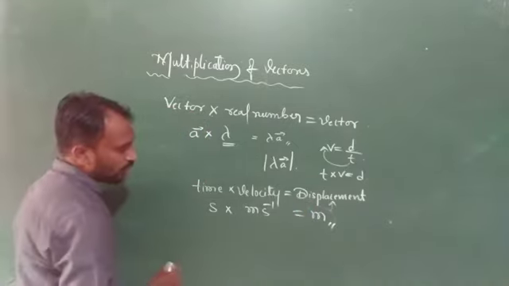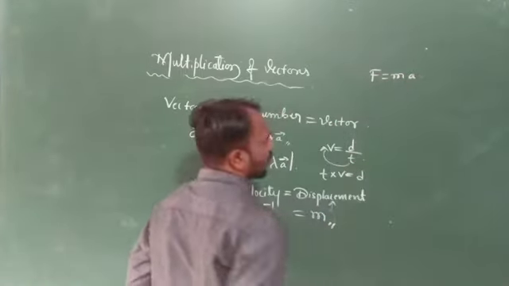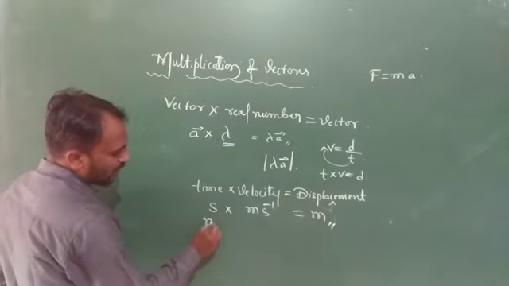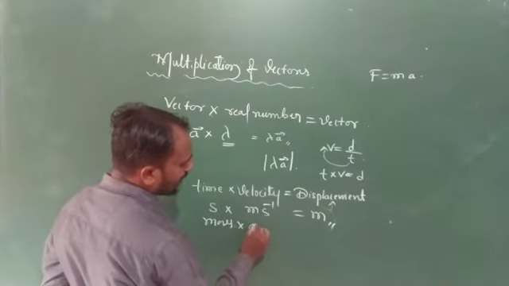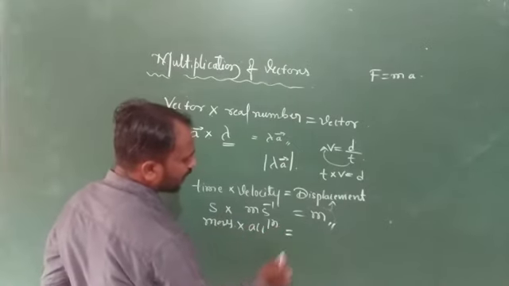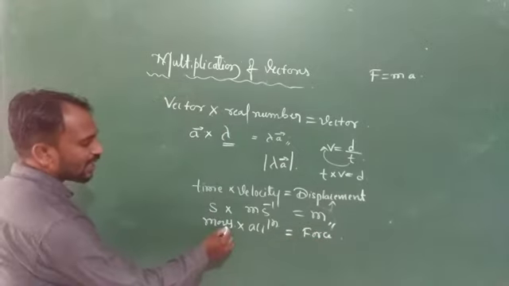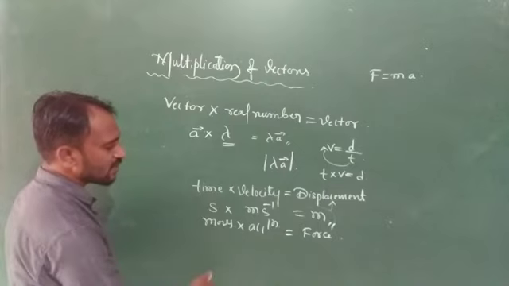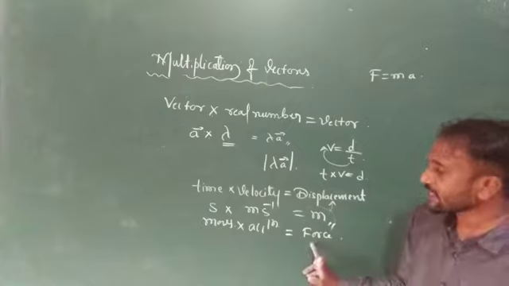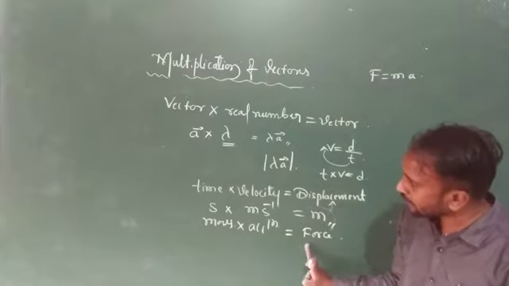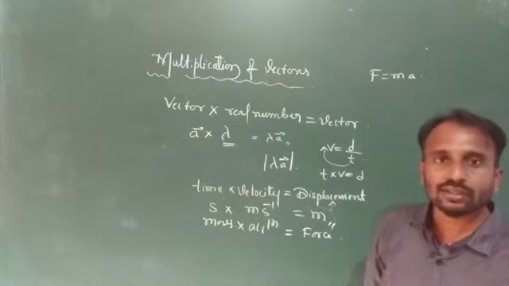Another example: force is equal to mass into acceleration. Mass is a scalar quantity and acceleration is a vector quantity, then we get the force, a vector quantity. Suppose mass is 1 kg and acceleration is 1 meter per second square, then force is 1 Newton. So any real number multiplied with a vector gives a vector quantity.